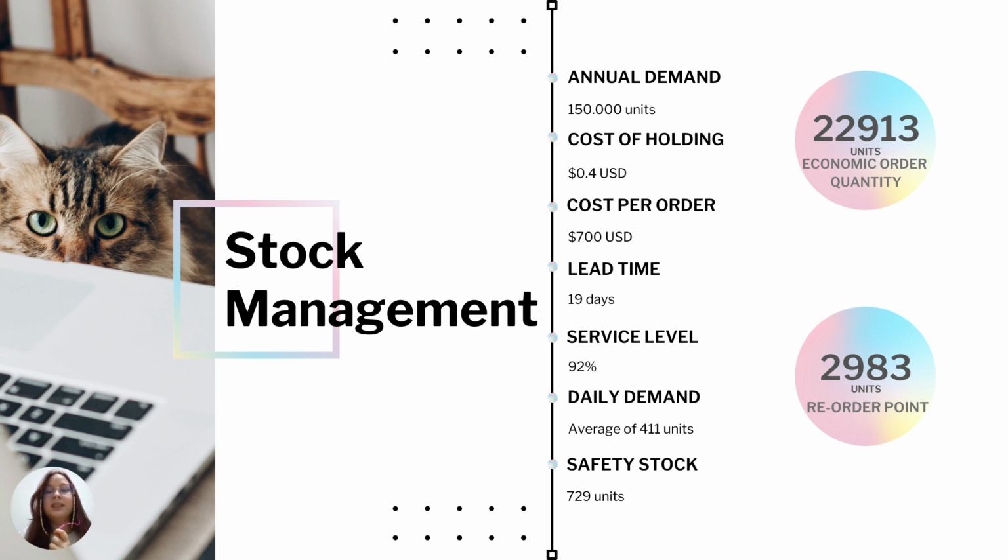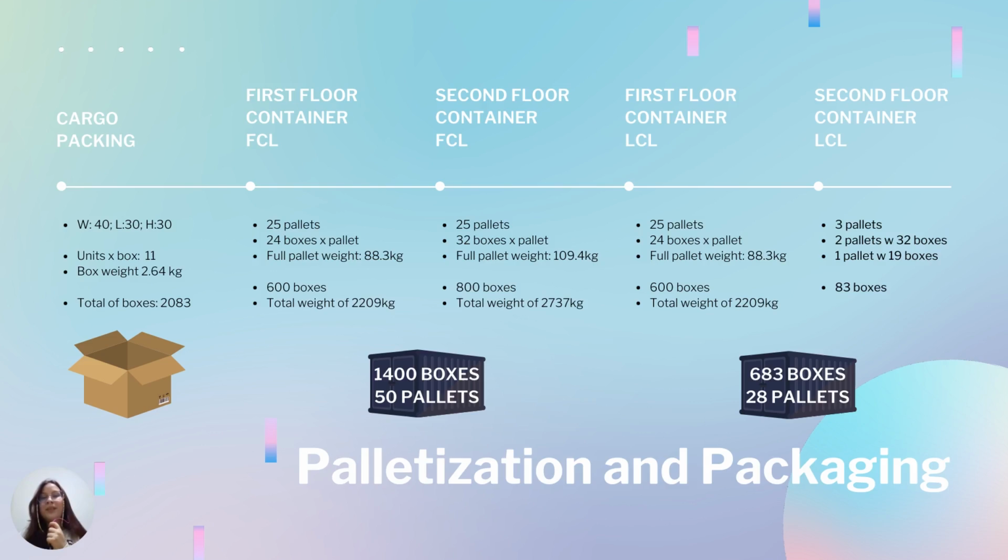All of this leads us to say that we will order 22,913 units every time our stock reaches 2,983 units.